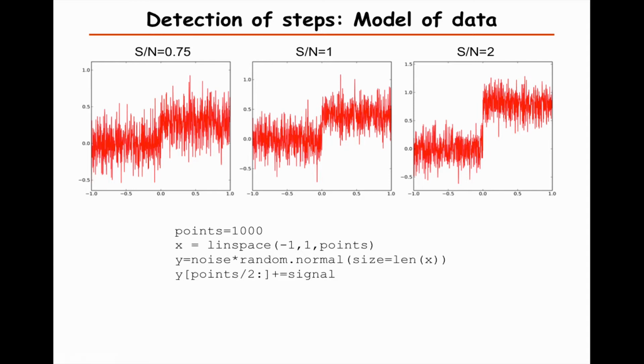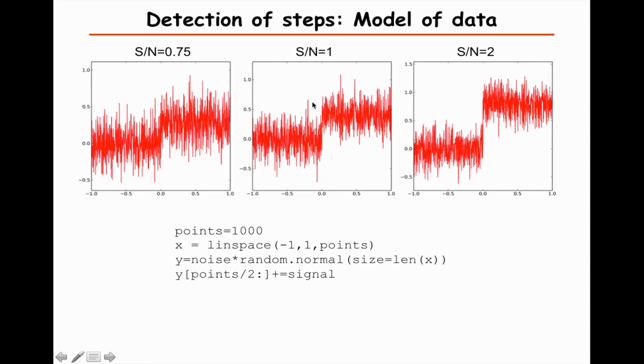Now we need to model the data, and just by looking at it we see that these are steps. So we can just introduce a step. When we do the simulations, we're going to put the step in the middle at 0, and we can also have different signal-to-noise ratios.